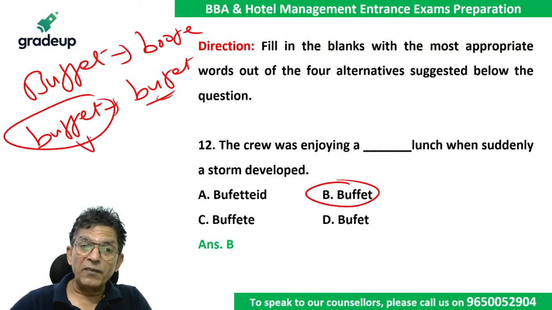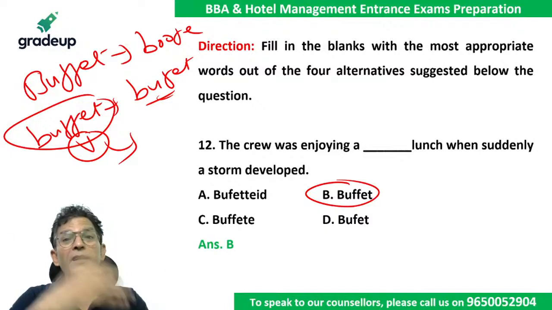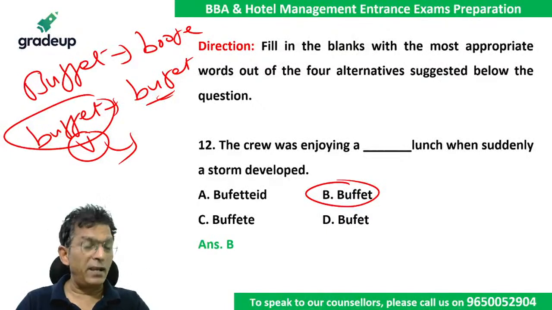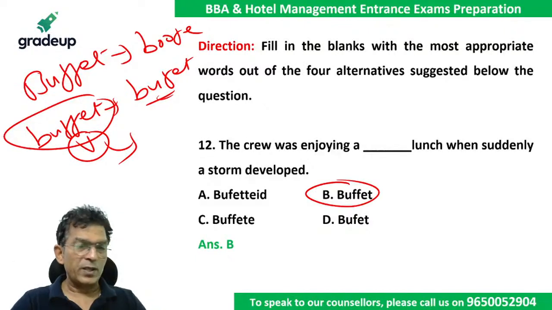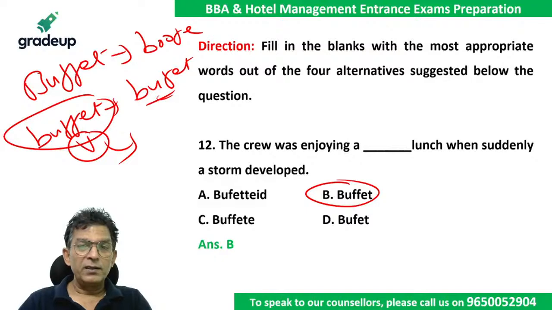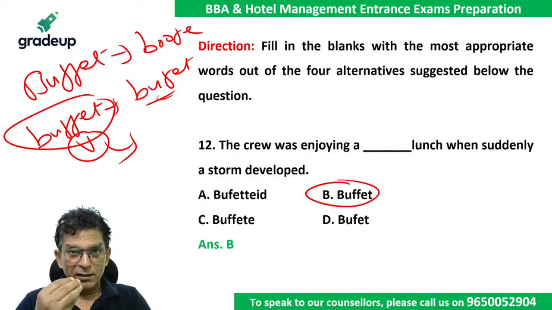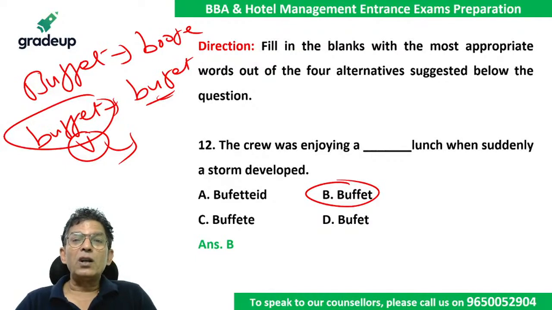But then it will become a verb, and the meaning is to be thrown here and there, as in wind. If there is a strong wind, you are buffeted about. You are thrown here and there. Then we read it as buffet. Okay, but for the lunch or dinner where you self-serve, it is called a buffet.